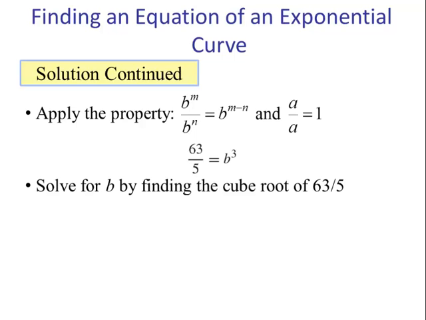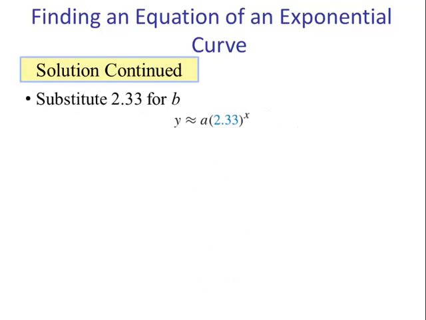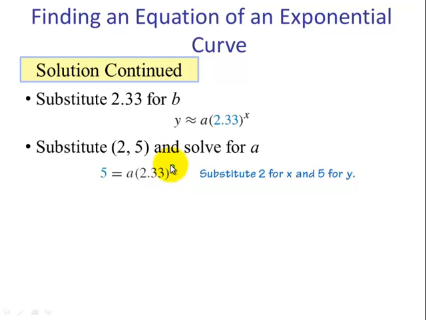Now taking the cube root of 63 over 5, we have b is approximately equal to 2.33. So we found our first variable, b. But now we have to find a. So we put b in, and we pick a point. It doesn't matter which point. I'm going to use (2, 5). 2 goes in for the x, we have our value of b, and y is 5.